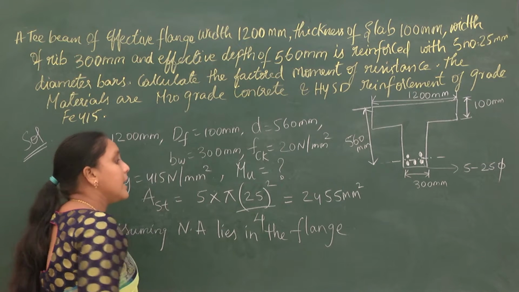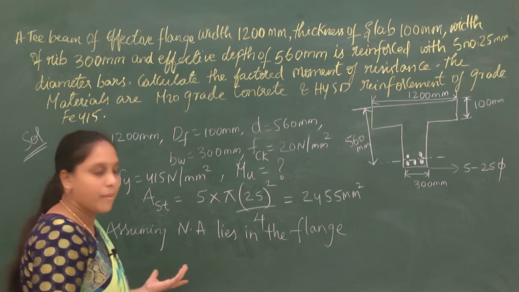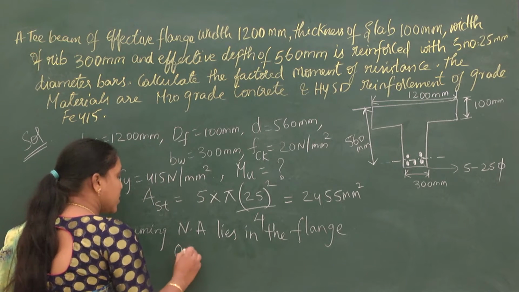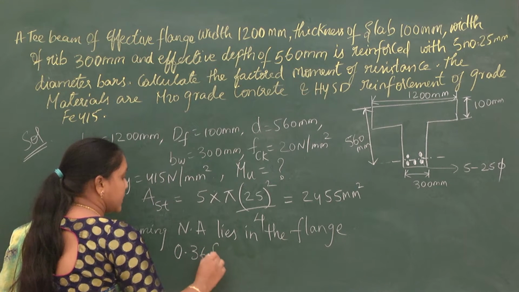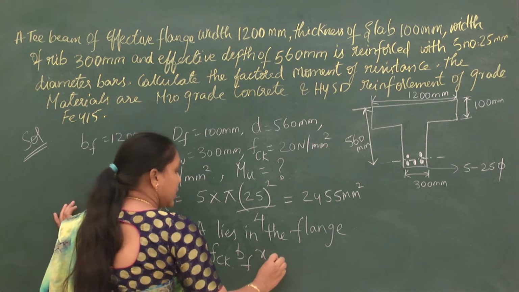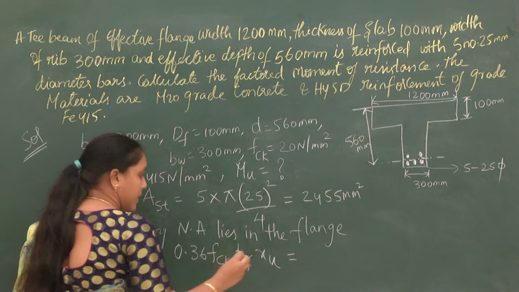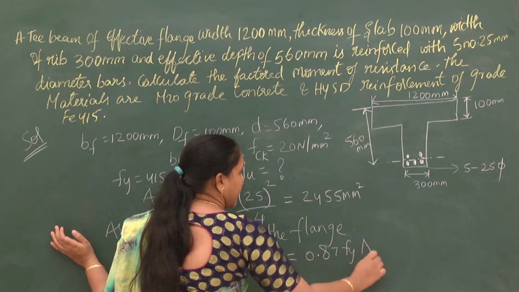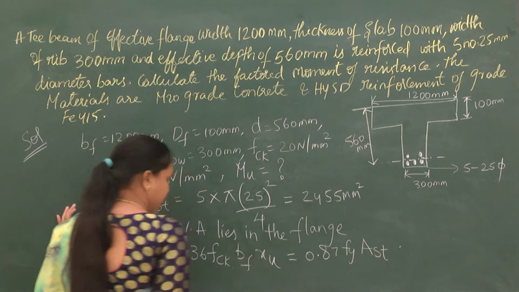We will equate the forces of compression to the forces of tension. So it is 0.36 fck bf xu equal to 0.87 fy Ast.